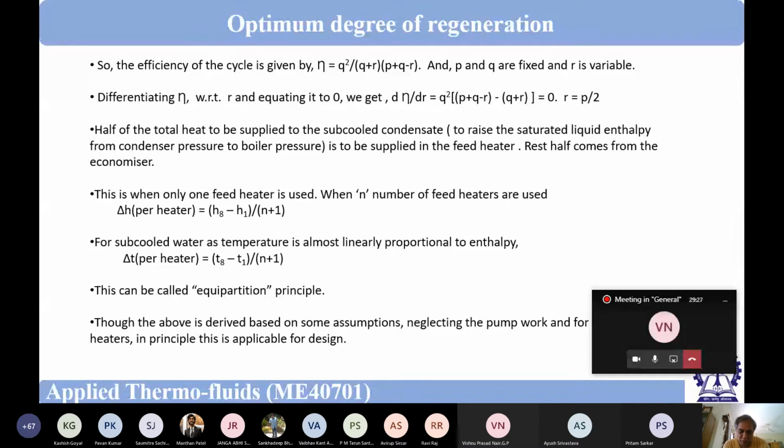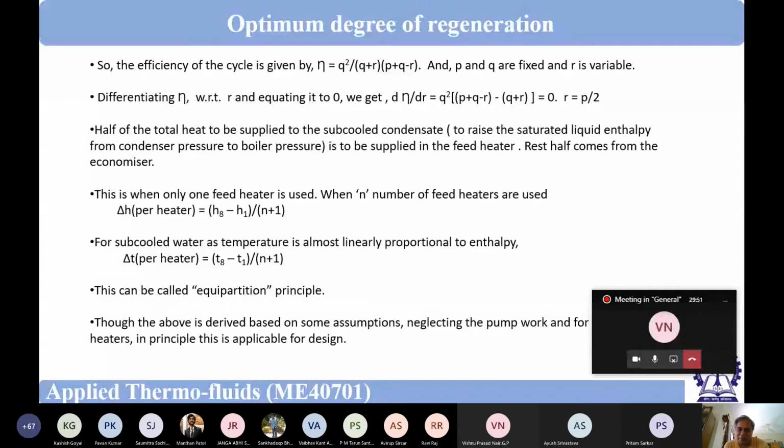Now, how do I find out what the optimum pressure is? At what point should I do the intercooling? So here also one equipartition principle is there. Probably you have not noted it, but you can check it.